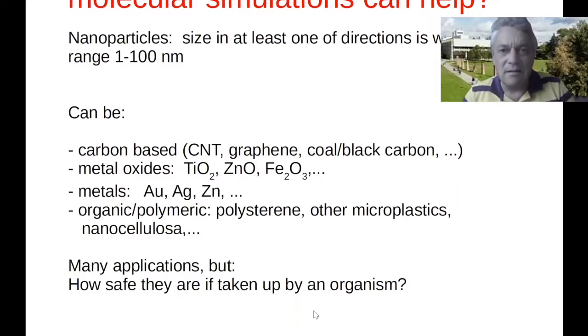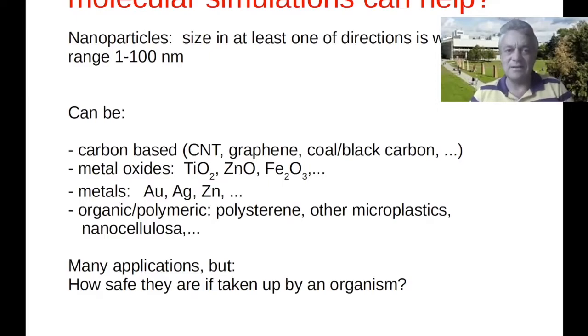And the final part of my talk is about our study of nanotoxicity and how molecular simulation can help with this. The problem here is that nanoparticles now have very wide use in different areas of technology, and they're used even in drug delivery, for example.